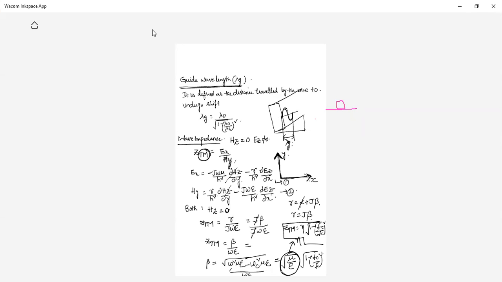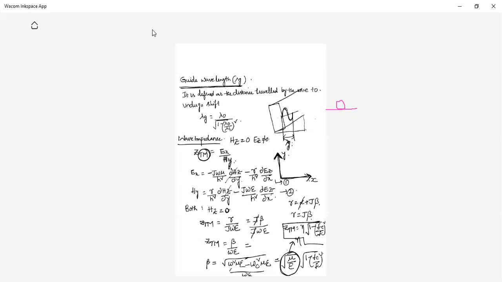So we have derived 6 parameters. One is cutoff frequency. Another one is cutoff wavelength, phase velocity, group velocity, guided wavelength, and wave impedance. These 6 parameters we derived for a rectangular waveguide operating in TM mode. They are very, very important. Most of the times they'll ask these questions.